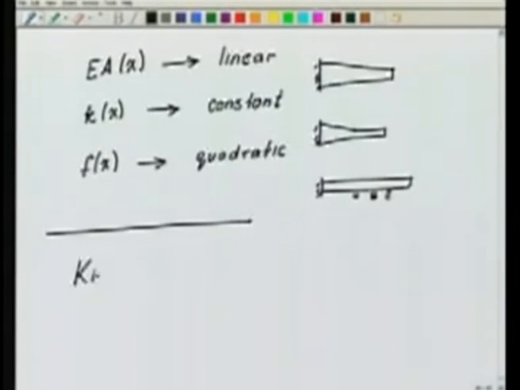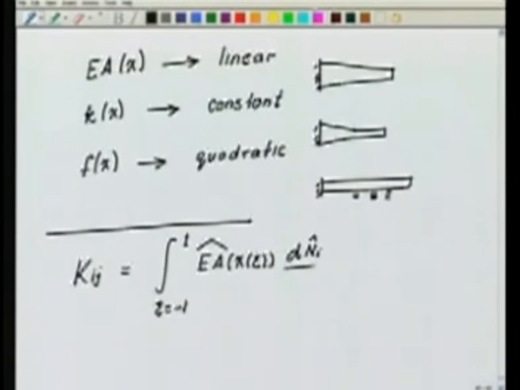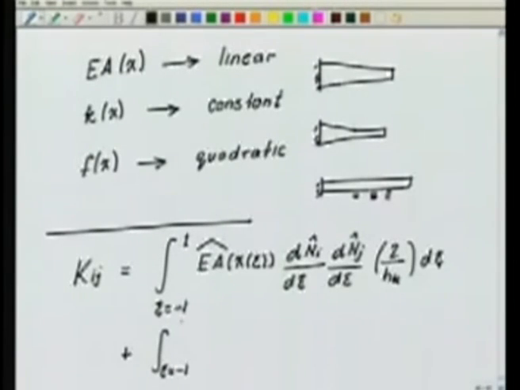So, if we have these things, then what is it that we have to do at the element level? If you remember, in the stiffness calculation at the element level, we had these integrals, with 2 by h of the element d psi, integral psi from -1 to 1.